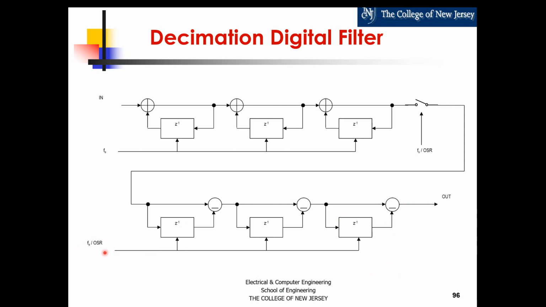The rate at which these registers are processing the data, so these are digital signal processing rates, is the sampling frequency, which is much higher than this output rate, divided by what is called an oversample rate. So the frequency of updating this output is much lower than the sampling frequency by some factor.